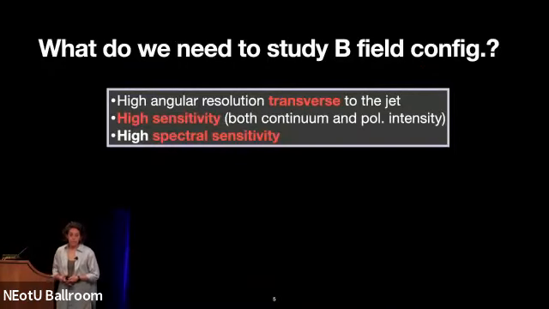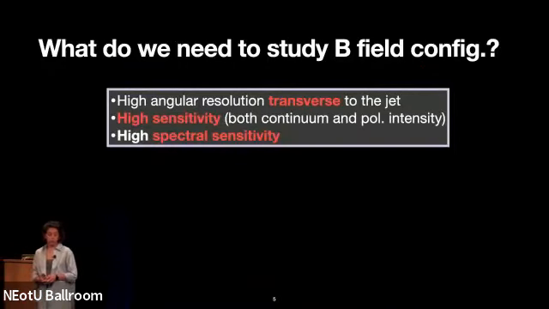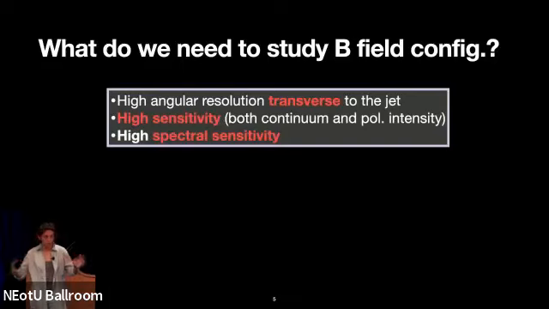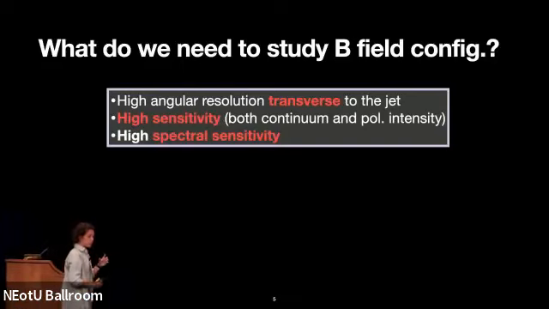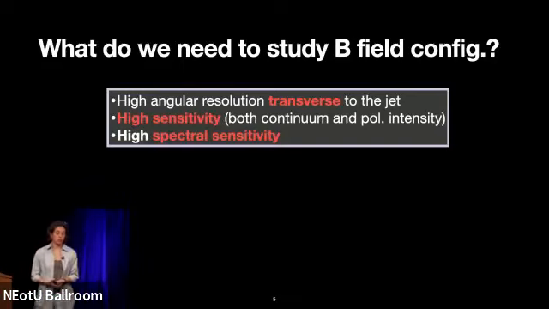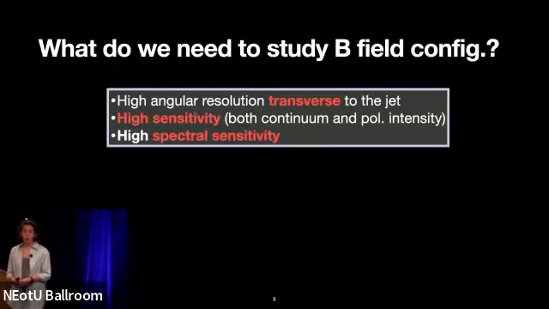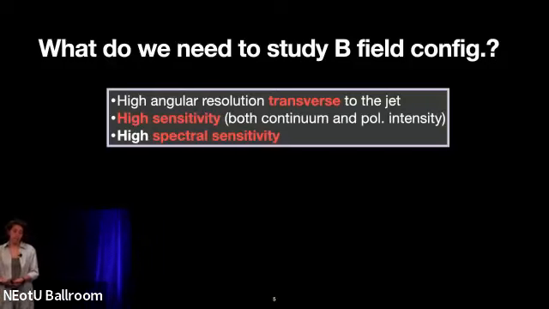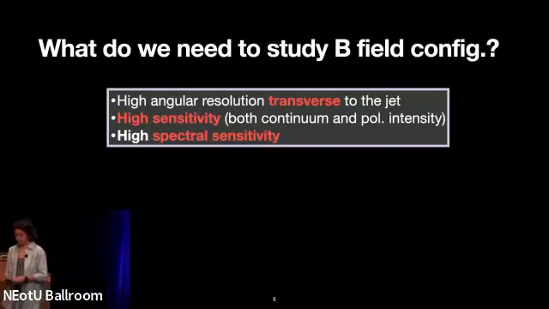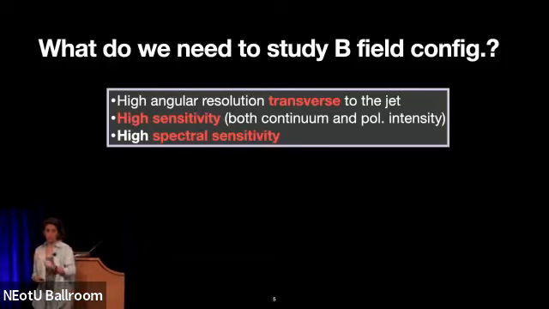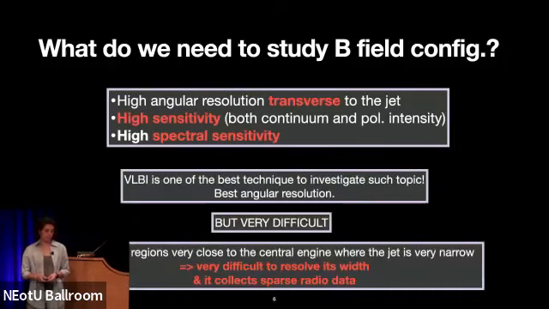Okay, what do we need to study magnetic field configuration? Well, high angular resolution transverse to the jet, so not along the jet, but transverse to the jet, high sensitivity both in continuum and polarization intensity, and also high spectral sensitivity to follow the behavior of polarization properties.